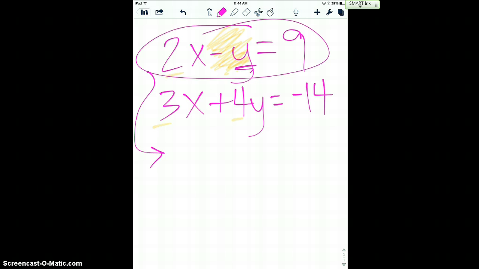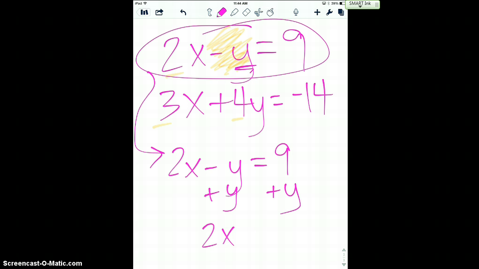Remembering that in order to make it a positive y, I can do that in one simple step by using the addition property of equality. So that's what I'm doing here, and I will end up with 2x equals, and then I could either write 9 plus y or y plus 9. Either one. And then y is almost solved for. I need to get this plus 9 to go away, so I'm going to minus 9.